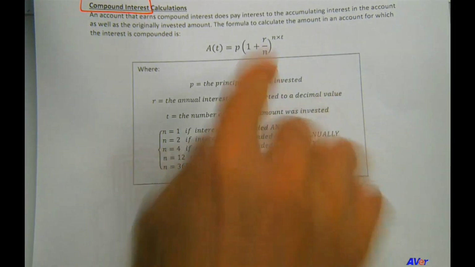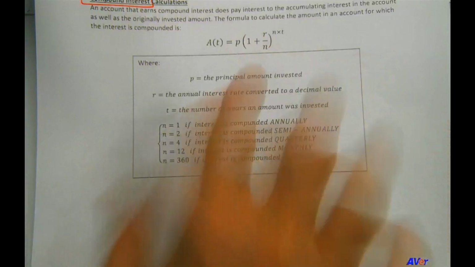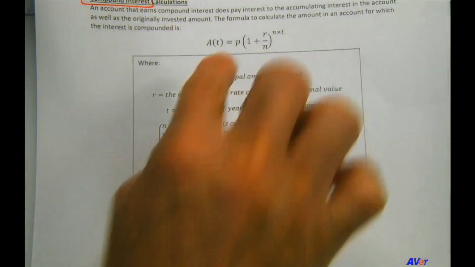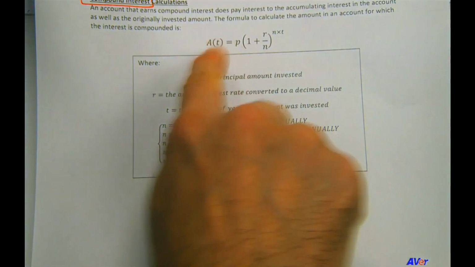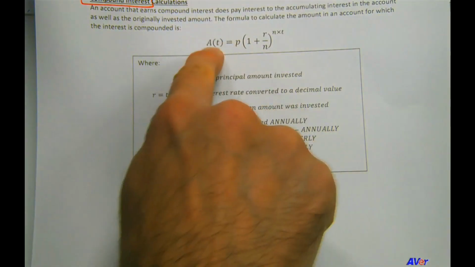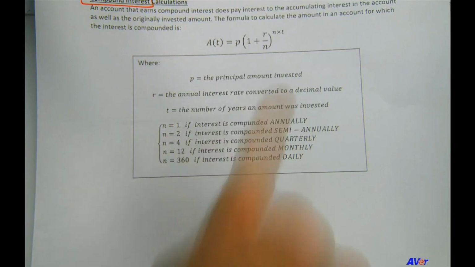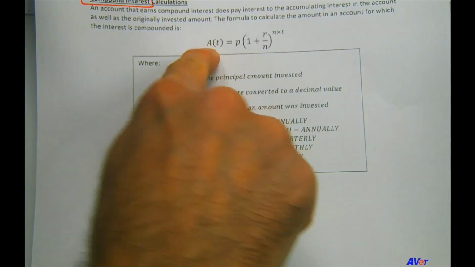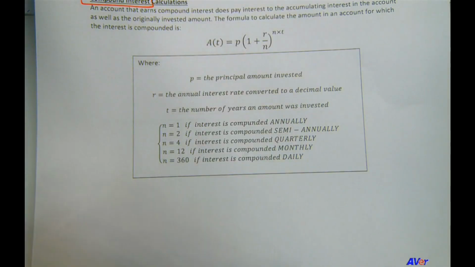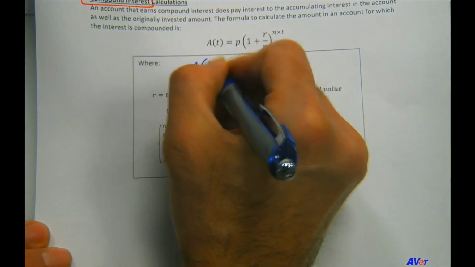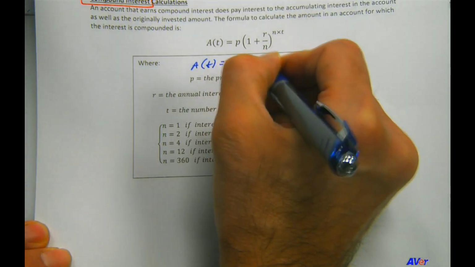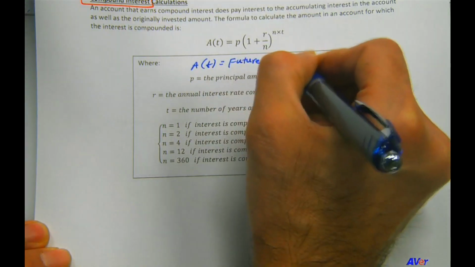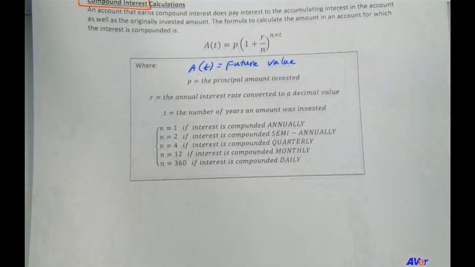Okay, so the formula is that we have to understand all the variables involved here. So the AT, I'm surprised I didn't define it here. So this AT, let me define it, is the future value that we're calculating.